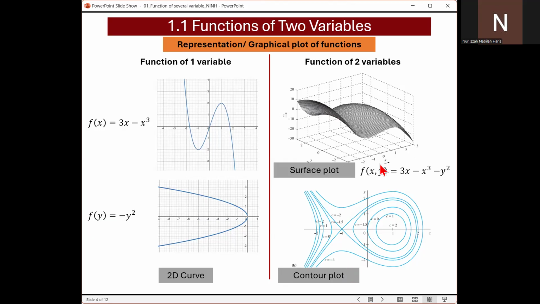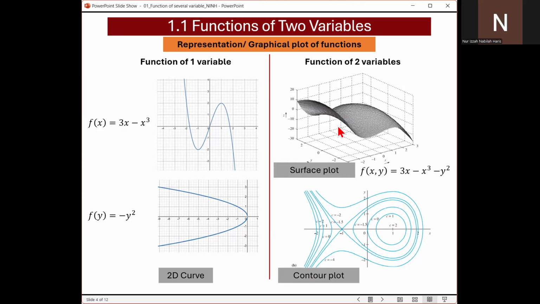So these two are coming from the exact same function, which is this function, 3x minus x cubed minus y squared, which is basically a combination of this one, 3x minus x cubed here, and minus y squared. So when you combine these two functions, you will get this function that looks like this when you plot it in 3D surface plot.